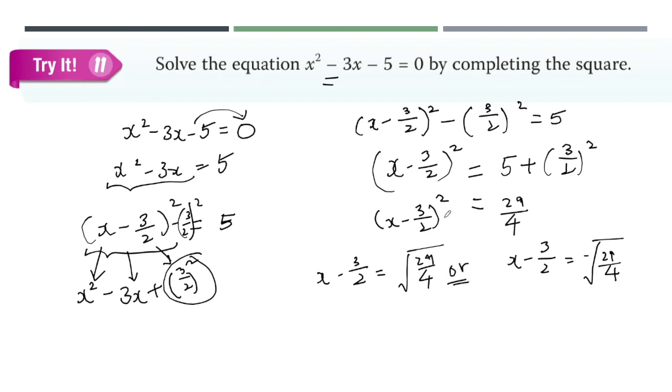Very likely, like 99% of the time, you should get two solutions for your completed square. So I have x equals square root 29 over 4 plus 3 over 2, or x equals negative root 29 over 4 plus 3 over 2.